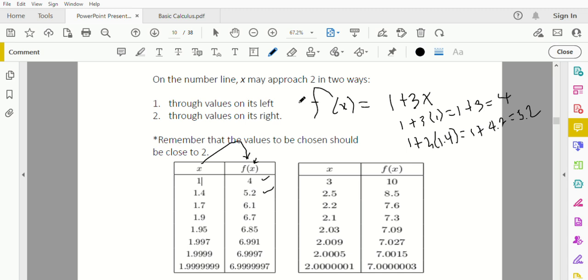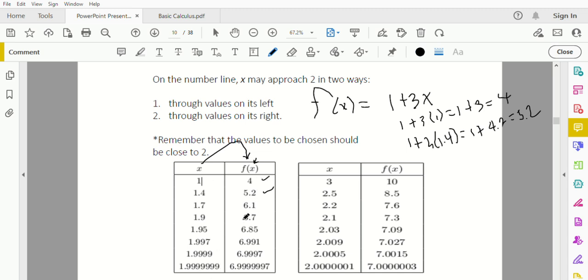That is evaluation of functions, based on the general mathematics in your grade 11. So just substitute, and take note again that our x must be closer to 2. So look at this: 1, 1.4, 1.7, 1.9, and so on. And of course, you're allowed to use your calculator.